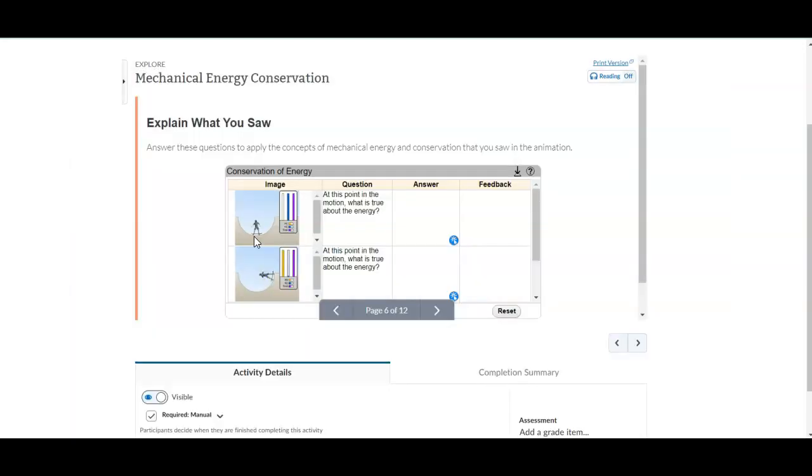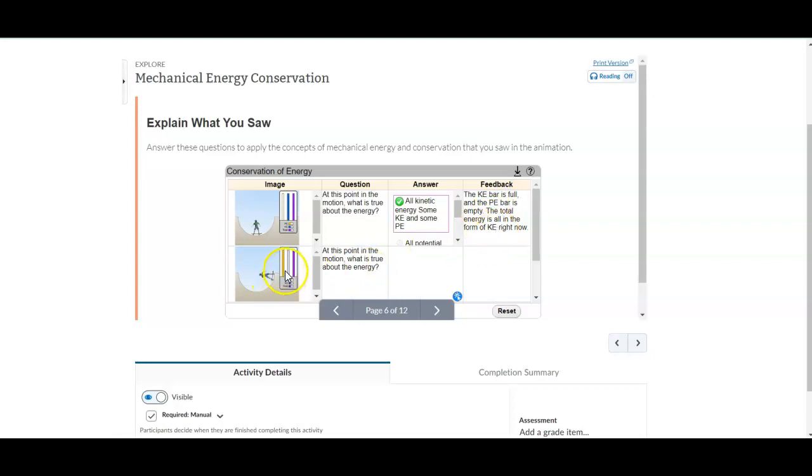He's at the lowest point. What's true about the energy? So our answer would be, if we take a look, full KE, 0 PE. So it is all kinetic energy here. And if we look at that, the KE bar is full, the PE bar is empty. The total energy is all in the form of kinetic right now.